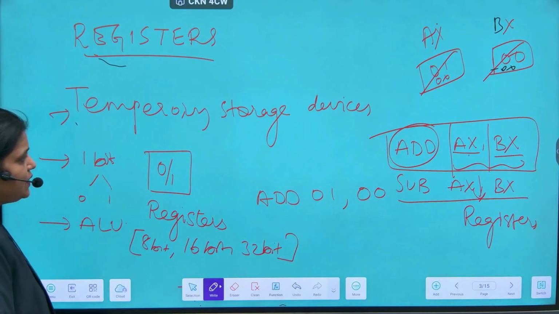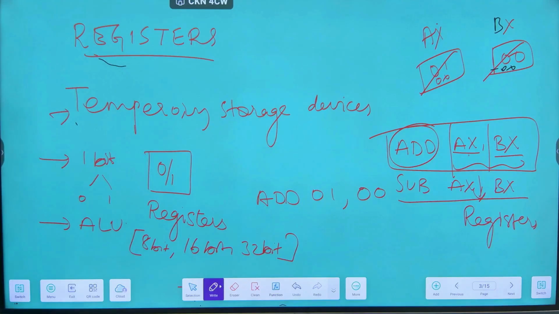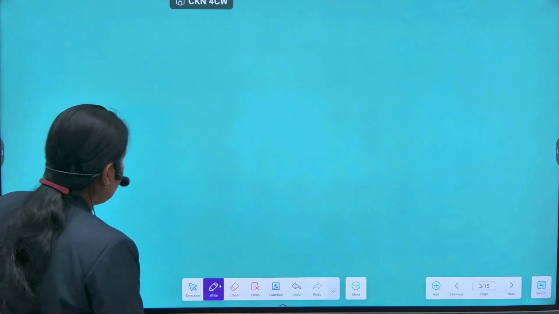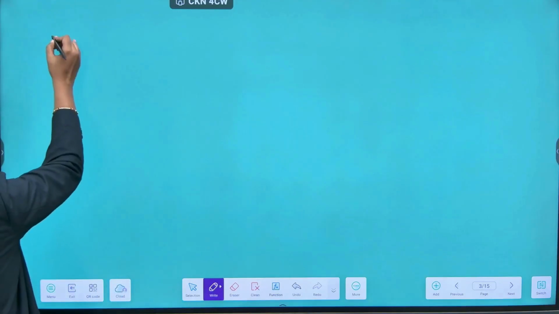Now we will look into the types of registers. What are the types of registers?